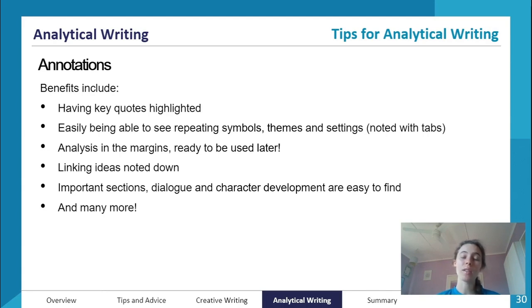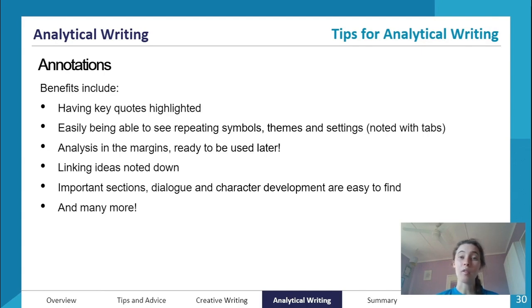Obviously, if you've got a library book, then you won't be able to annotate. But oftentimes you can find online versions, sort of PDF downloads. So if you can, try to find those and annotate them.